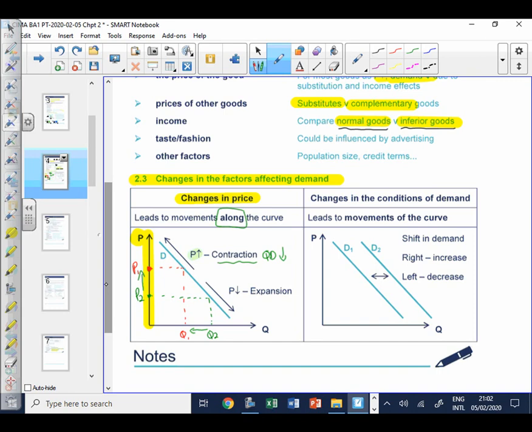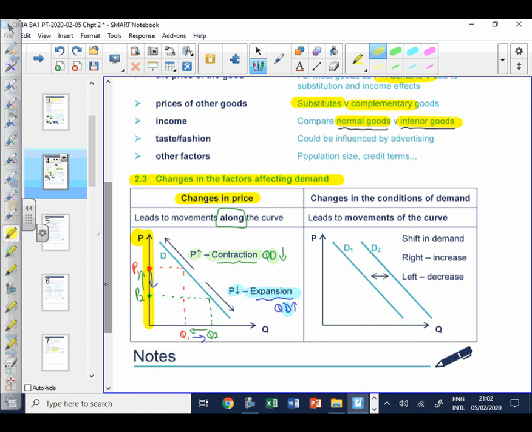However, when your price goes down, the quantity demanded will go up. Quantity demanded will go up, and it's a demand curve, which means we expand our demand. You happy with that? And that means it's along the curve, so you don't move the actual graph.